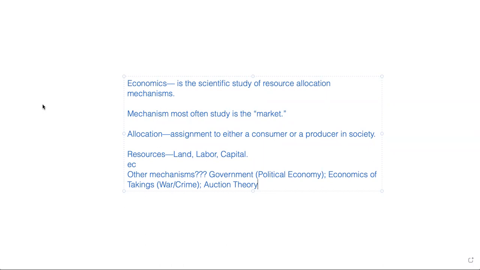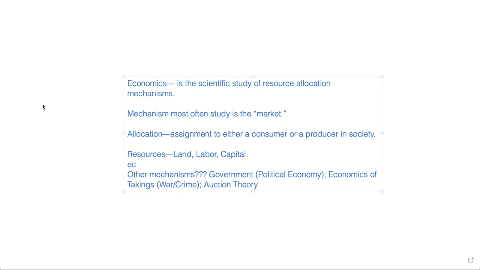So there are other mechanisms, and I just wanted to point that out to everybody here. The idea is that allocation is about assigning goods, services, and resources to businesses, so you understand what we're studying: how do these things function, and what are their results?